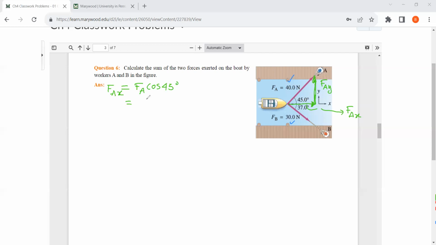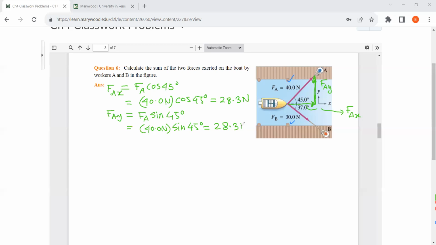Now FA is 40 Newton cosine 45 degree, that is equal to 28.3 Newton. Similarly, FAy will be FA sine 45 degree. So it will be 40 Newton sine 45 degree. And again, if you plug this value in your calculator, you should get the same value. So FAx and FAy.